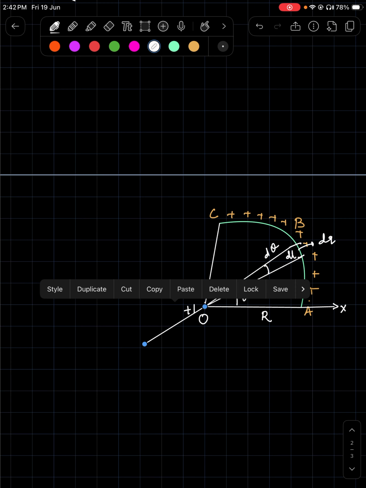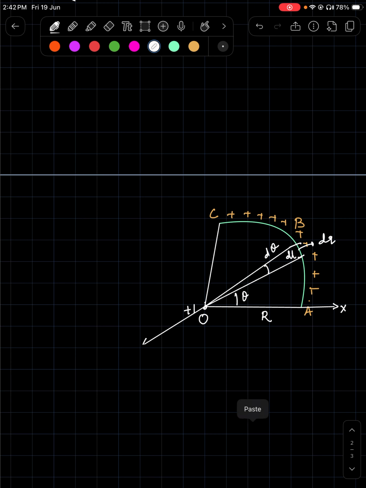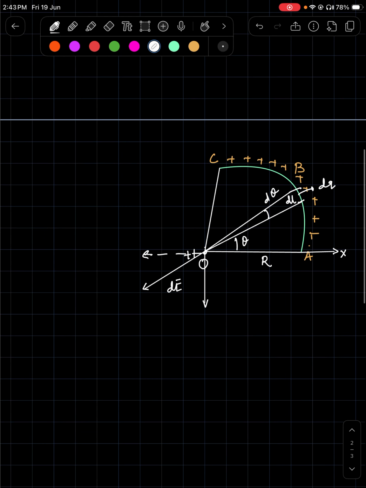I have taken two perpendicular directions so that I can decompose the electric field into two parts: one along the negative y-axis and one along the negative x-axis.